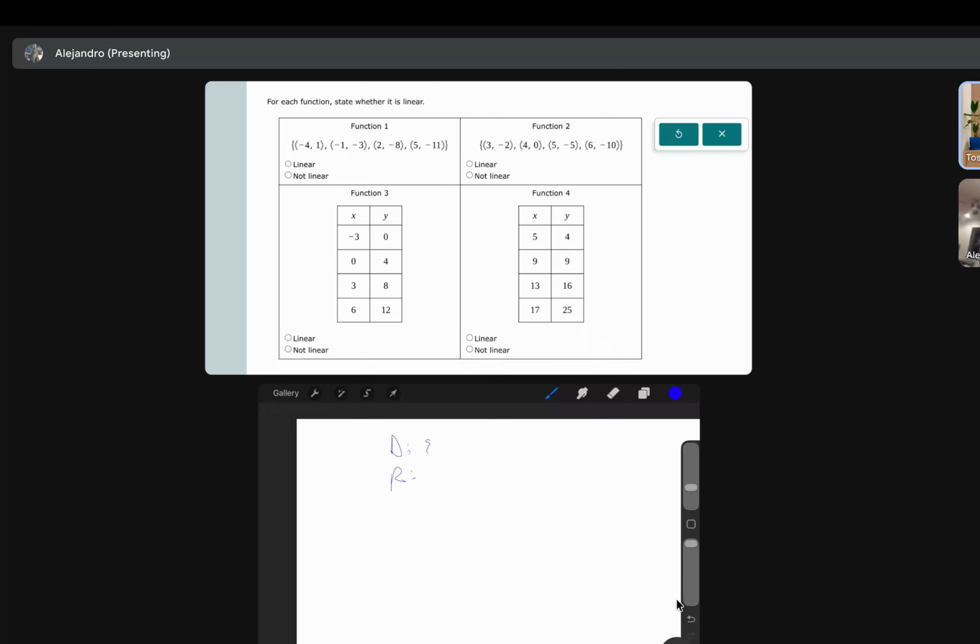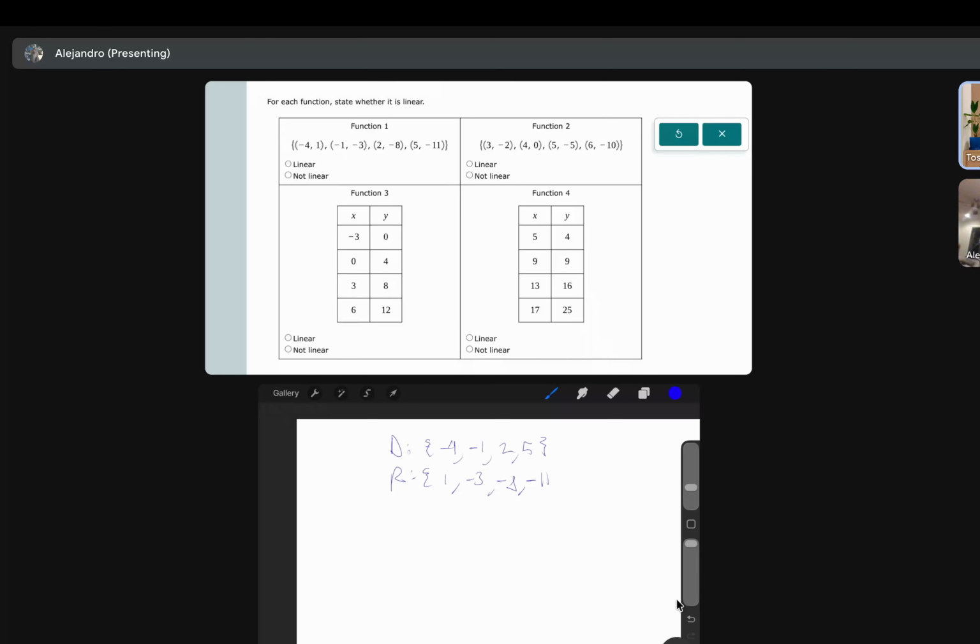So it will look like this. Open brace: negative 4, negative 1, 2, 5. You don't have to do this, but let me show you for learning's sake. And then the y is going to be 1, negative 3, negative 8, negative 11.